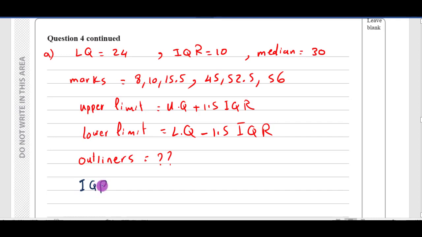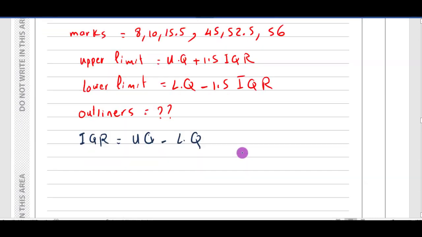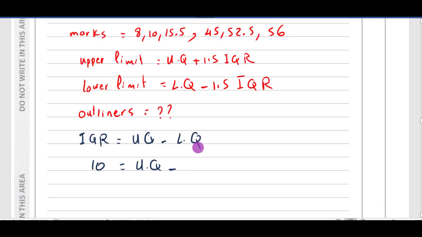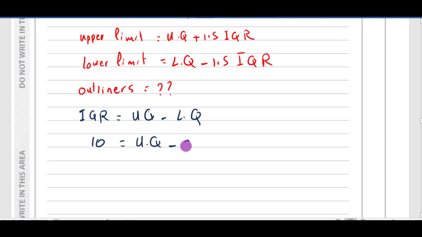We know that the interquartile range is equal to the upper quartile minus the lower quartile. So 10 is equal to the upper quartile minus 24, from the given data. So from here, the upper quartile is equal to 34.